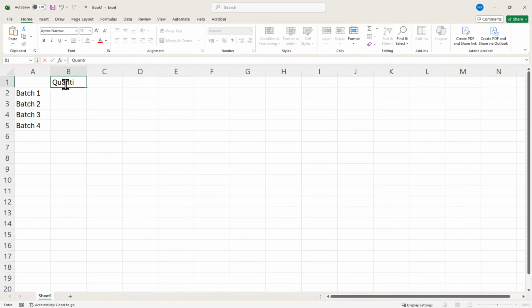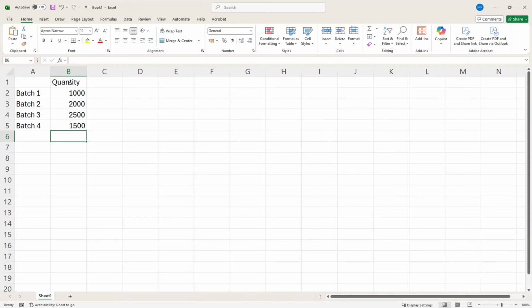First will be quantity of goods ordered. So in batch one, quantity in terms of units, let's say we have 1,000 units in batch one. 2,000 units in batch two. 2,500 units in batch three. And let's say we ordered 1,500 units in batch four.